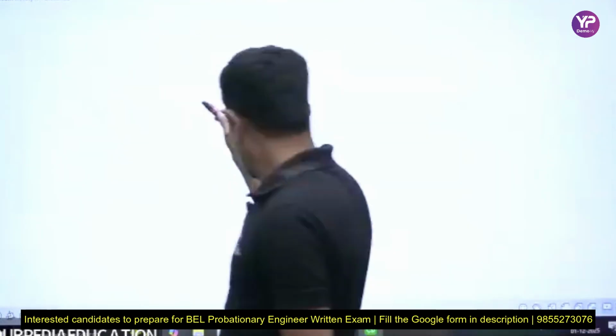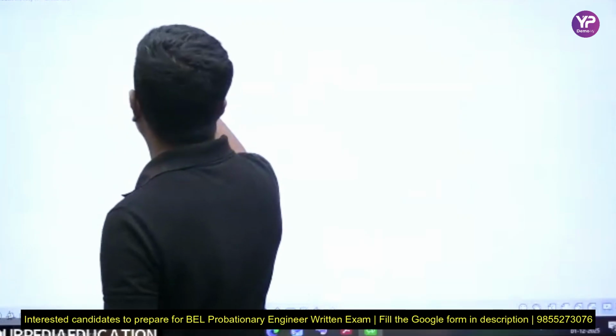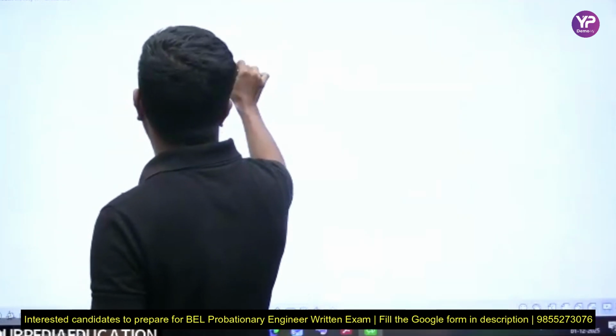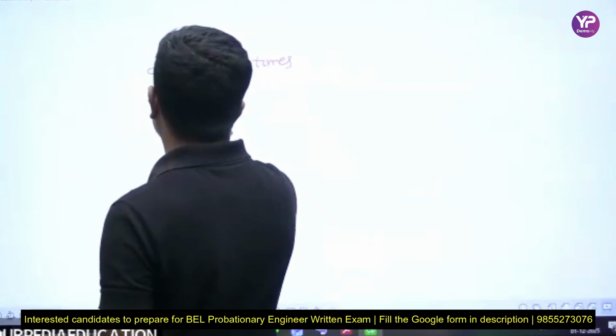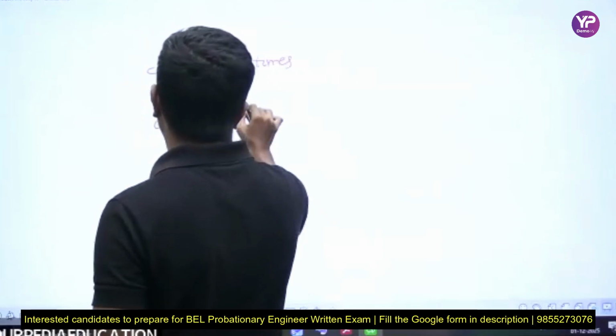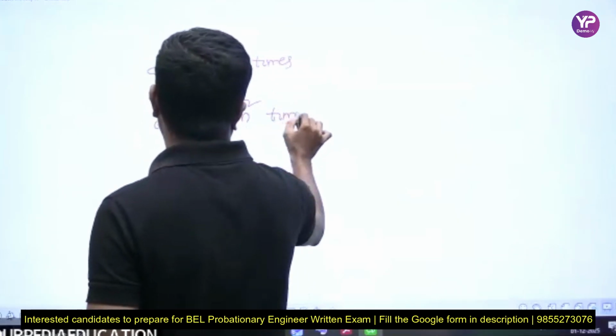Yeah, option C is increases by n times. Option D is increases by n square times.